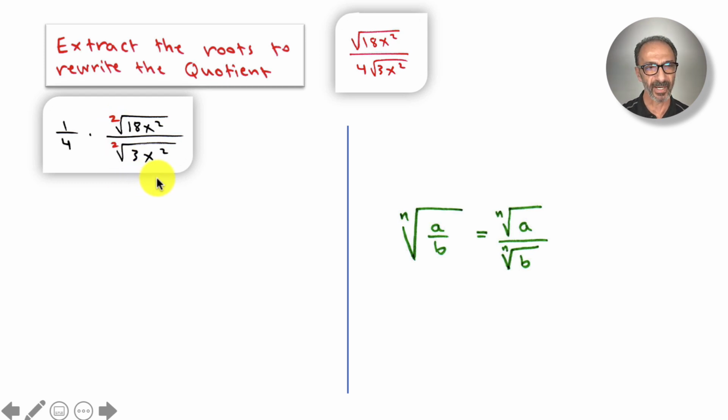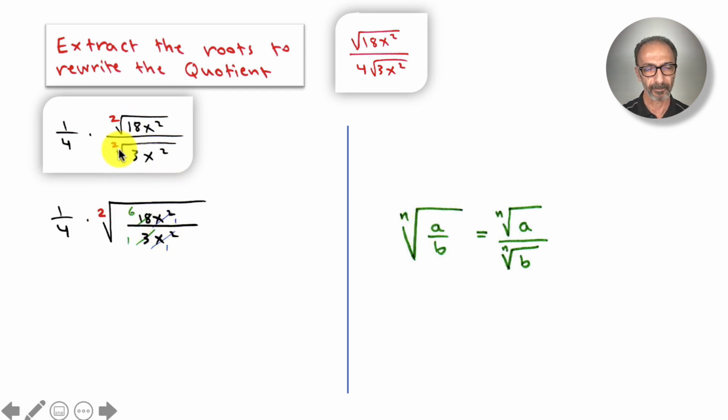Now we could group them back together. Why? Because the nth root of the quotient is the quotient of the nth roots of the numerator and the denominator. So I'm applying this rule backwards. I want to write it as one square root on the left.